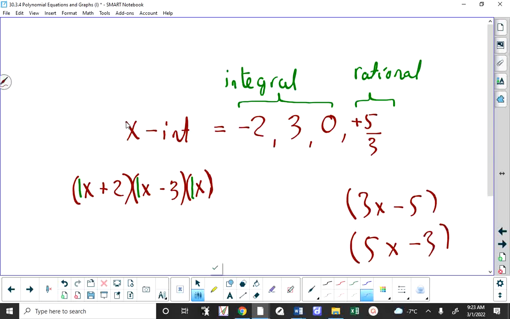You know that, right? You know those two numbers are associated with the linear factor, and you know it has to be minus. So then the question becomes, if you set this equal to 0 and solve it, will you get 5/3? And since the answer is no, that's telling you that it's 3x minus 5.